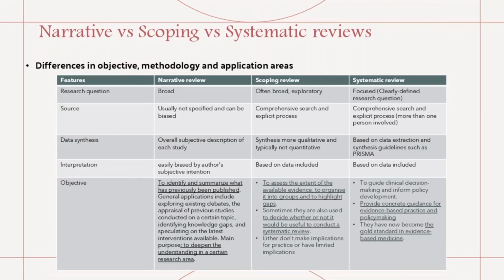So after what I told you, you could easily realize that systematic reviews are the ones which are preferred by academic journals when deciding which type of review article to accept and then publish.